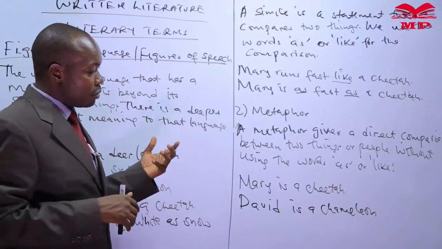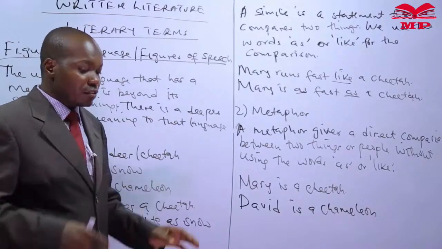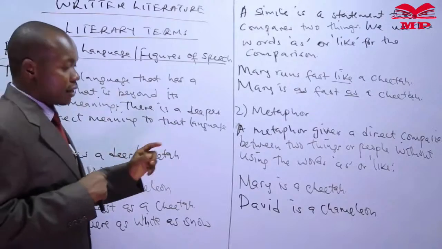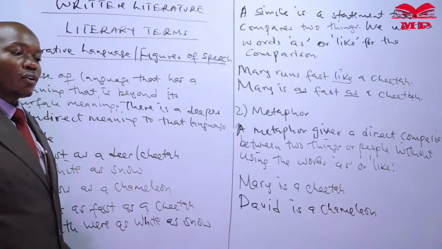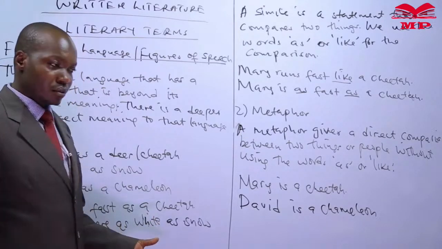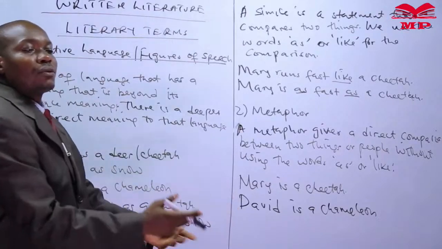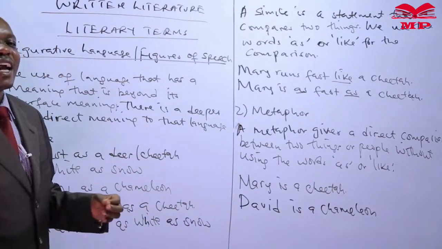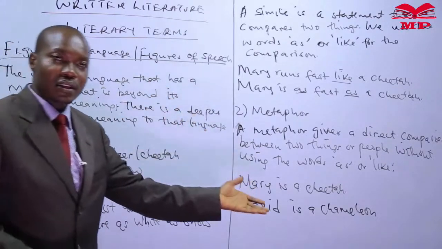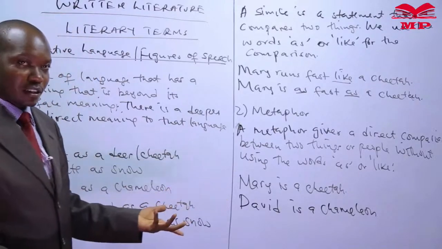So when you say David is a chameleon, it can either mean David walks very, very slowly like a chameleon, or is someone who changes. In other words, is someone who is unpredictable. We know chameleons change their body color depending on the environment around them. So they are unpredictable. So David is someone who is untrustworthy, someone who is unpredictable. So this is a metaphor.